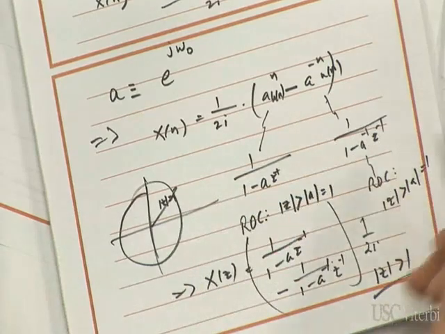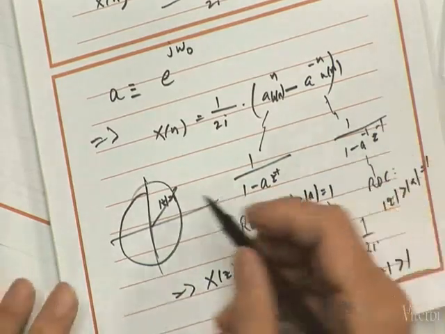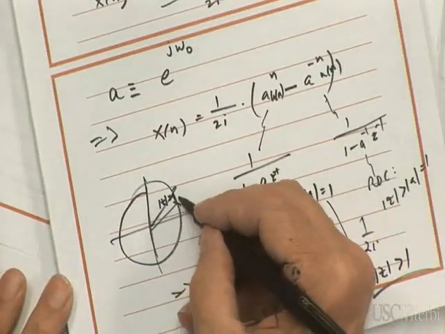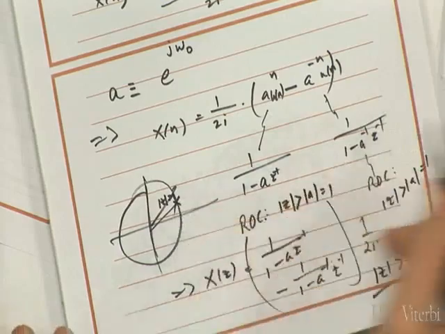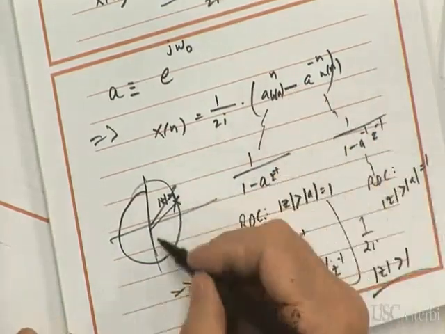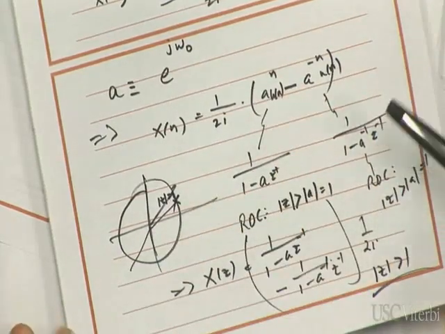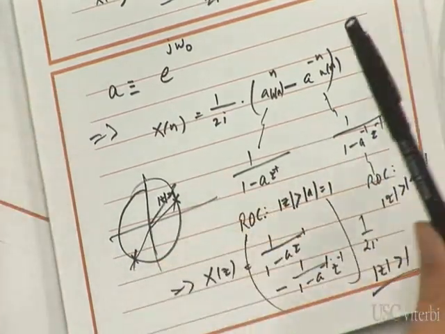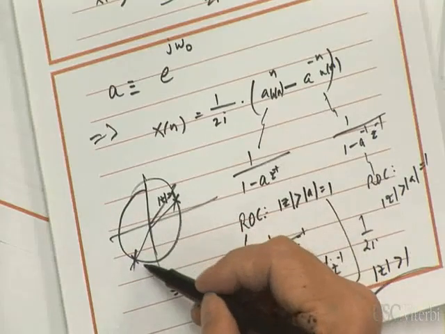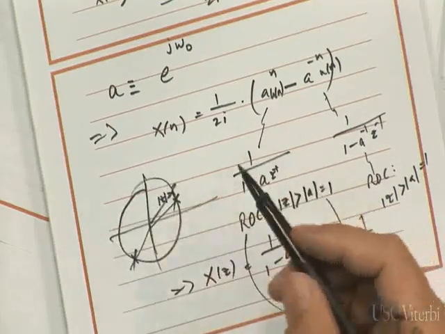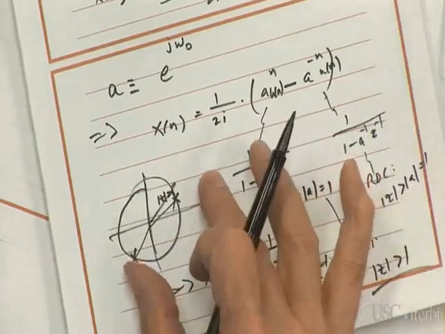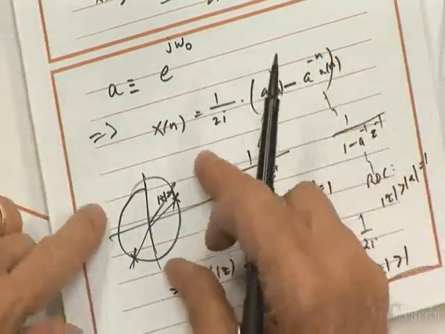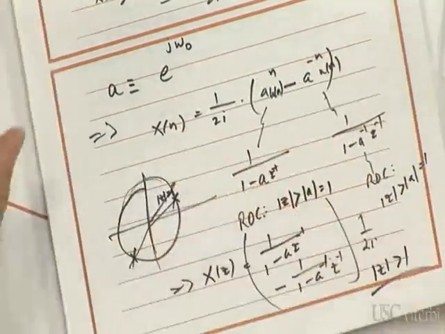There's a pole at z equals e to the j omega naught, at some angle omega naught, and a pole at z equal e to the minus j omega naught, over here. But these poles have the same radius; they're both of radius 1. So you really can't draw a double-sided sequence's region of convergence, which straddles; it just collapses to this line.